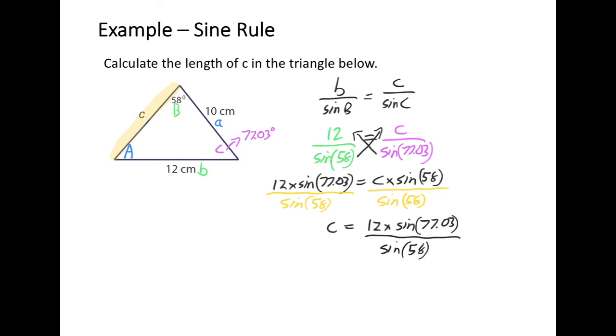So putting that into a calculator, my C value is going to be 13.79 centimeters. So by using the sine rule and completing a couple of steps to be able to find the information to use the sine rule, I can calculate that my missing side length of C is equal to 13.79 centimeters.